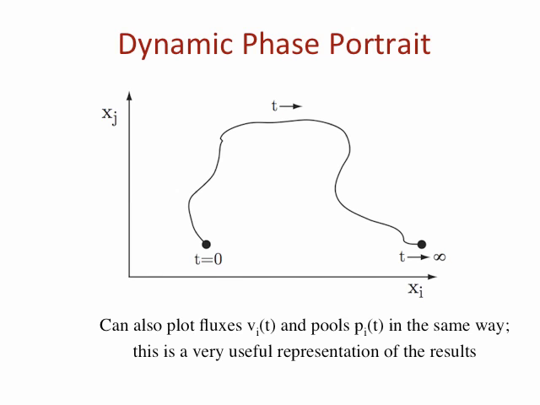There are other variables you can plot in a phase portrait, as we'll talk about later in this lecture, like the fluxes or the pools that we introduced in the last lecture. It turns out that this graphical representation is very, very useful once you learn how to use it.